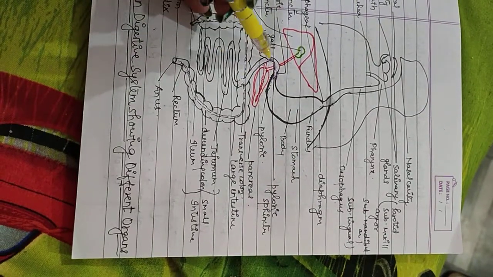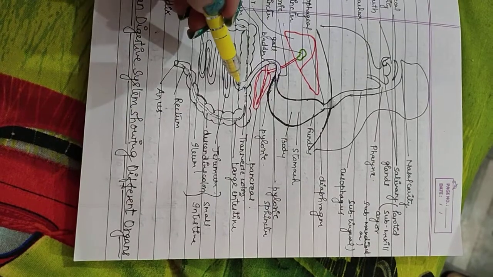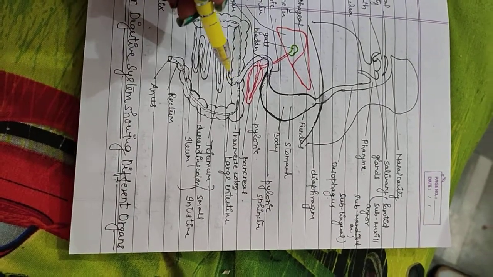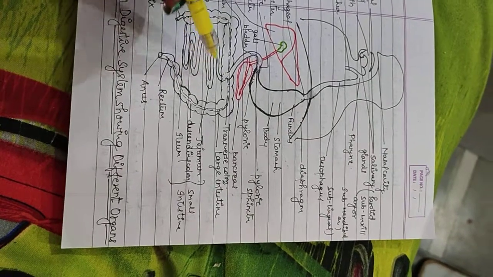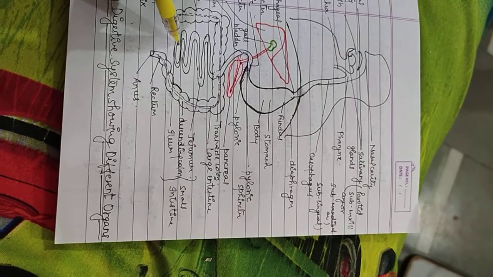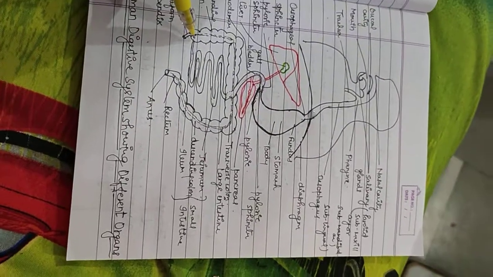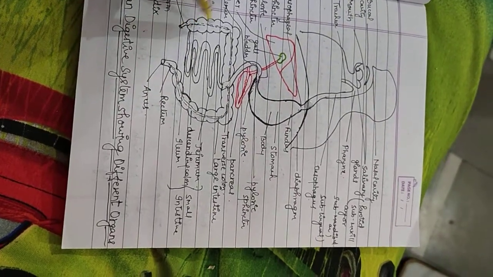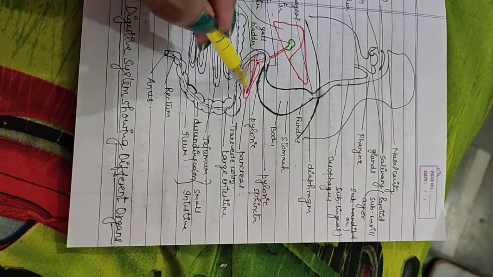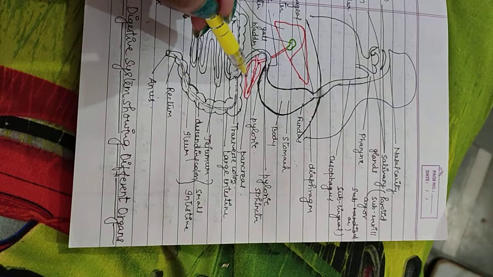See here, this U-shaped structure is called the duodenum, which is the first part of the small intestine. Then this is the jejunum, and then the ileum, which is more complicated, and the ileum opens into the colon or cecum. See here, there is an organ known as the pancreas.